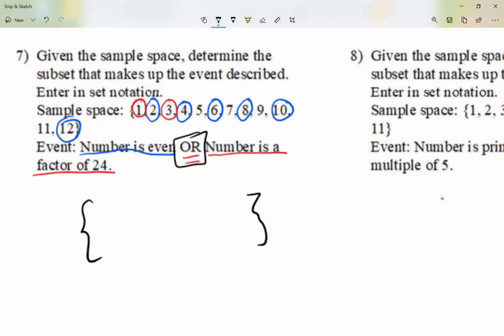As long as my number got circled by at least one of the two choices, so again, one of the choices or both choices, my number is good. So as long as I circle it, it is good. It doesn't matter if it's a red circle or blue circle. So my numbers are going to be 1, 2, 3, 4, 6, 8, and 10.